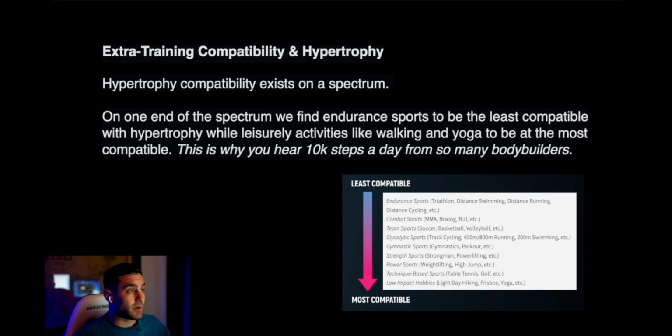And if you've been paying attention to fitness Twitter long enough, there's always that 10K steps sort of a thing. Well, there's a reason for that. And the reason is because there are certain types of extra training activities that are more compatible, and some not compatible at all really, for the goal of growing muscles.